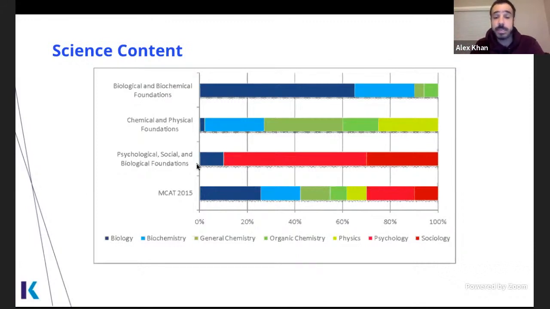Now, before we move on from this slide, I just want to give everyone a little piece of advice with regards to how you're approaching your study, right? A lot of people like to put focus on physics, for example, because there's a lot of material that you need to know for the test, a lot of equations.